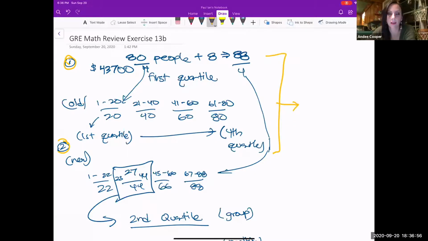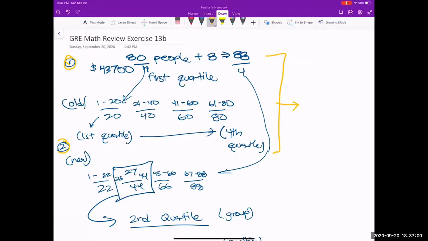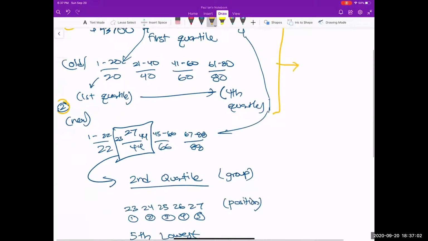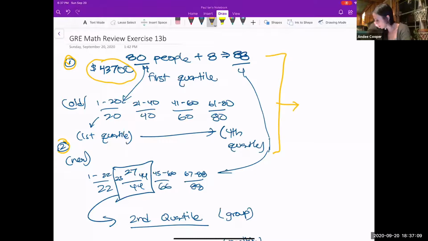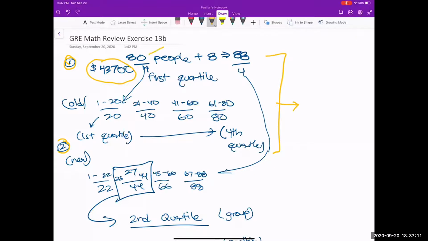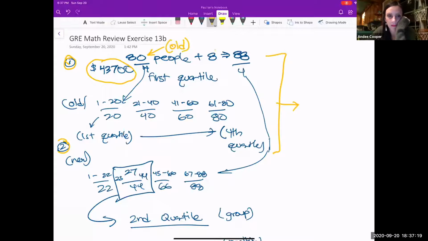What you need to look for here is a distractor: the distractor is this 43,700. You don't need that one. And then you have these 80 people. For the old, I classify this as the old grouping, and then you add 8 for the new grouping.